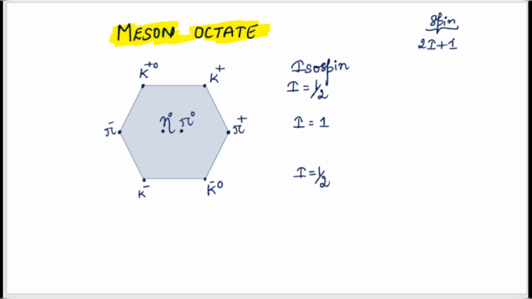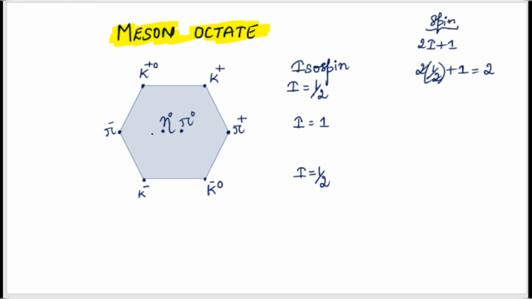So if my isospin is half, it will be having the spin to be 2, means K positive 0 and K positive, so the isospin will be half.